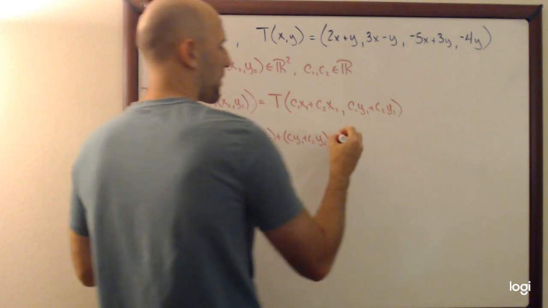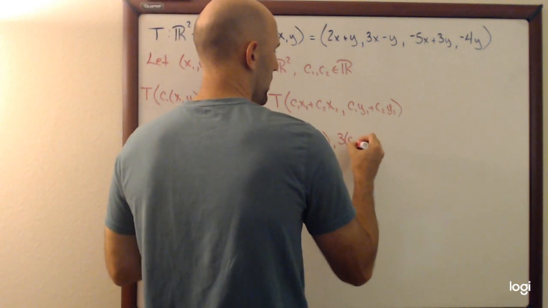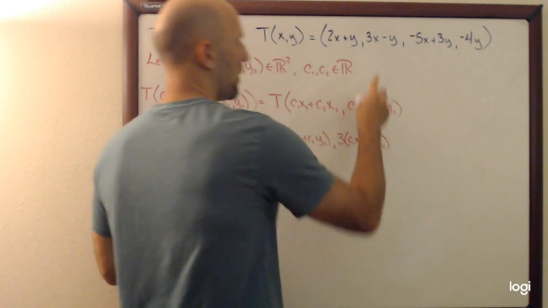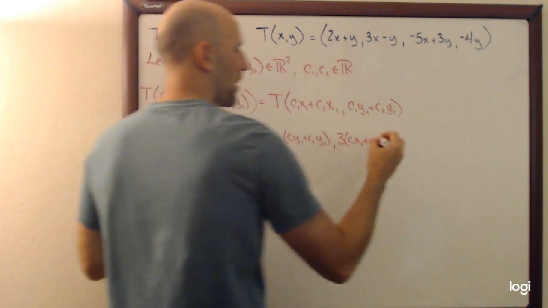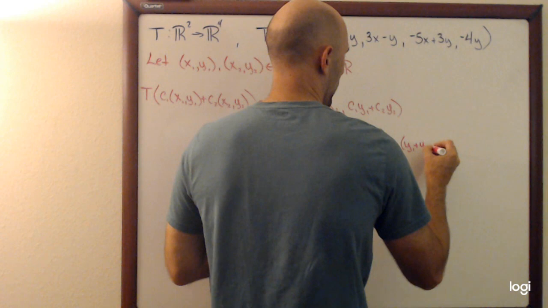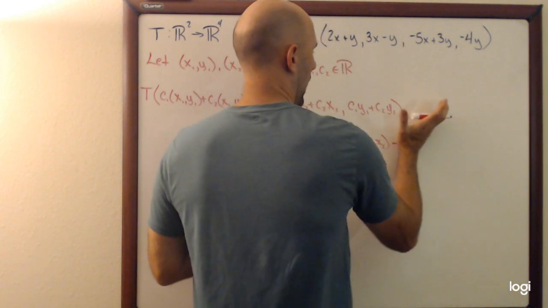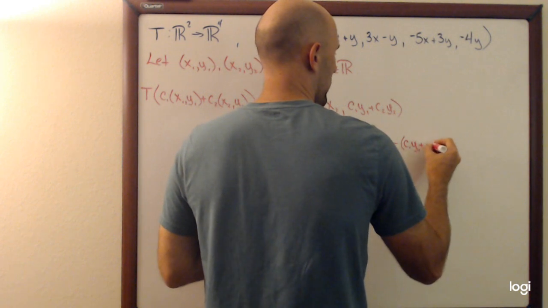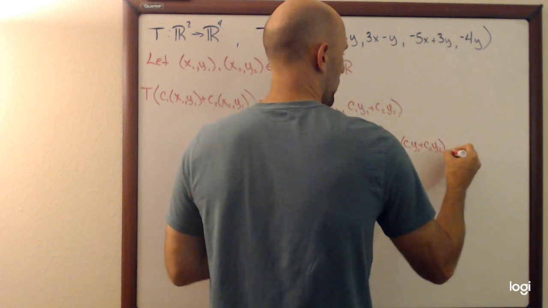Second component, 3 times c1x1 + c2x2, again 3 times the first component, minus the second component, c1y1 + c2y2.